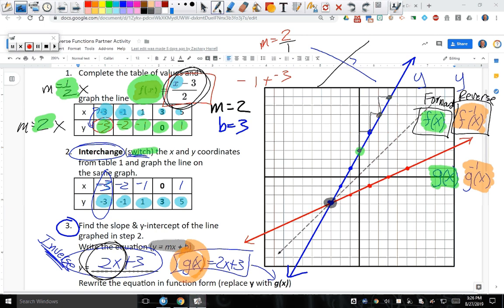And number 6, because 5 we did the activity. 5 is what we kind of did together, so just eliminate 5. I like what we did. Go straight to 6. It says, how can you describe the graphs of f of x and g of x with respect to the line y equals x? All I would say is, if you folded f of x across y equals x, it would land on g of x.